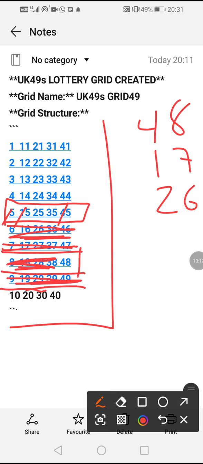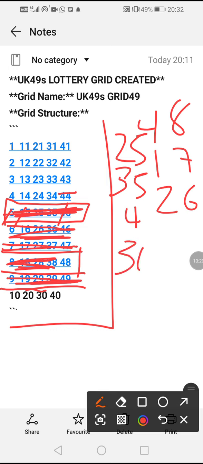We left with what? 25 and 35. This is very, very important, even though they'll repeat, but this is very important. And then if you check the series of 4, 4 has never played this week, and 34 has never played. And then 24 did play, 14 did play, so it was only those two numbers there.